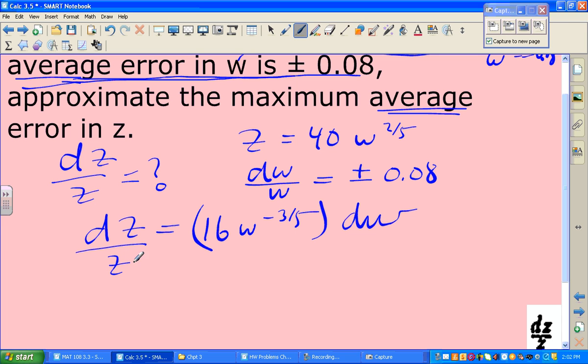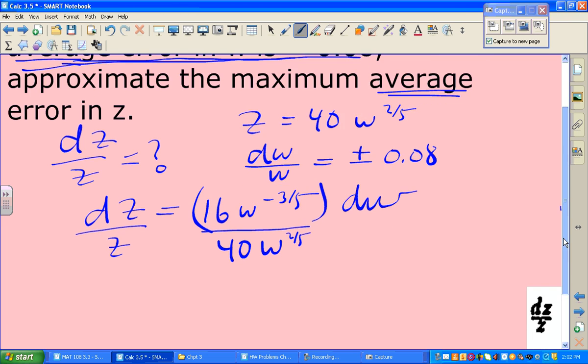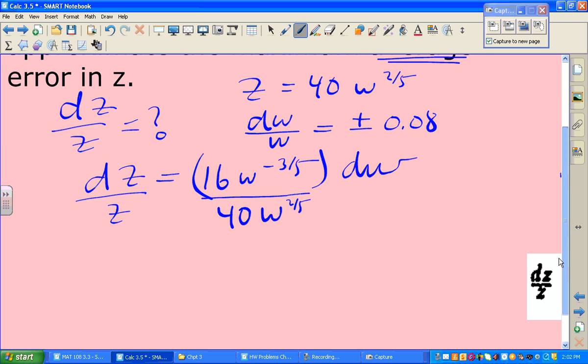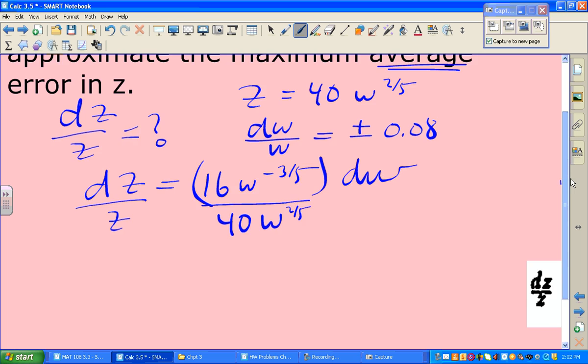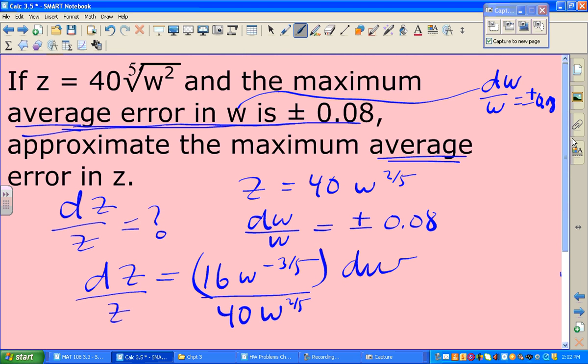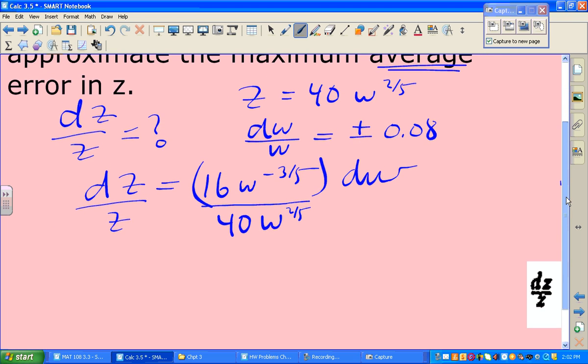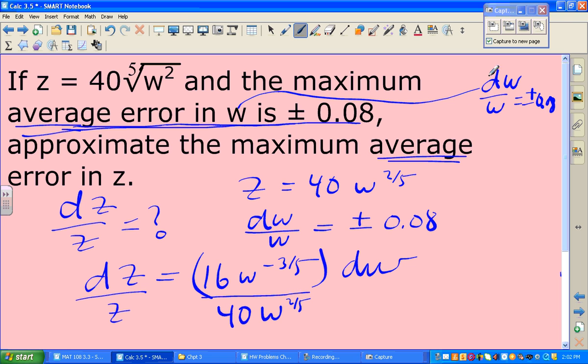Z is equal to 40W to the 2/5. No, that's the first step. dW over W is plus or minus 0.08.